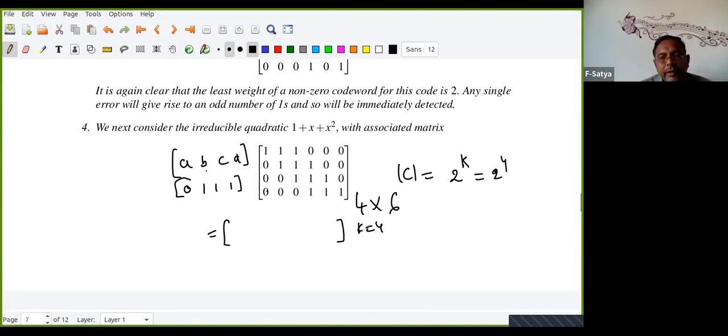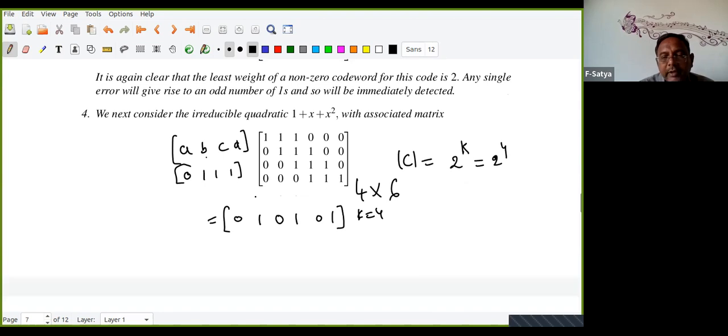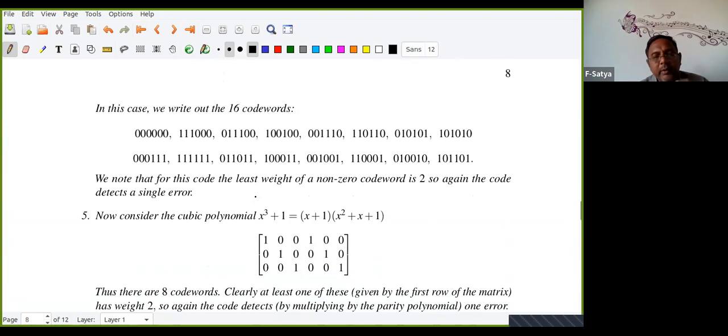Yes, addition of all these 3 vectors, right? So 0 plus 0 plus 0 is 0, 1 plus 0 plus 0 is 1, like that. Actually, that is a linear combination of them, but the coefficients allowed are 0 and 1 only if I am working in F2. That is adding them, all possible additions of the vectors, taking each as it is or adding. So we'll get a total of 16. These are the code words, right?